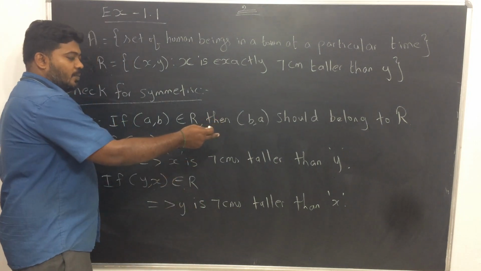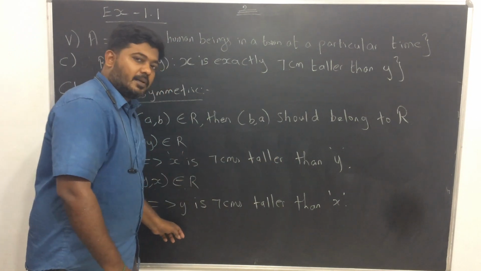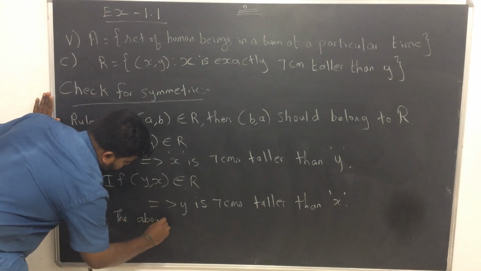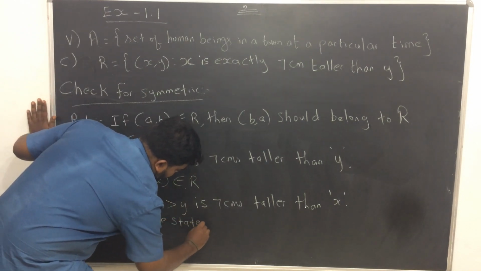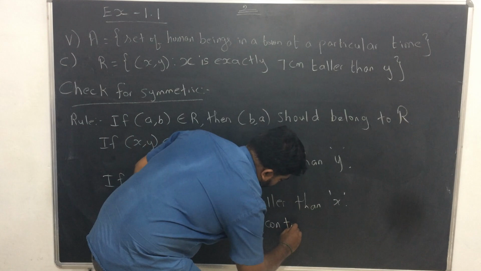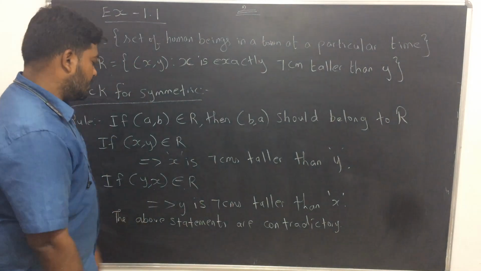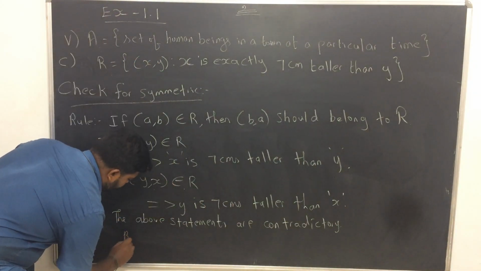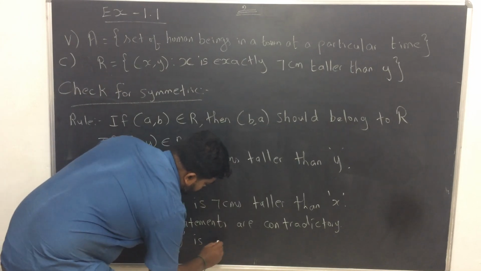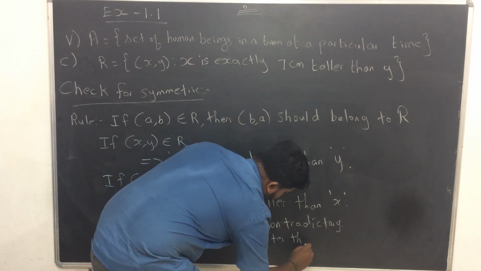If x is 7 centimeters taller than y, then y will be 7 centimeters shorter than x. y can't be taller than x. The statements are clashing with each other because y is 7 centimeters shorter than x.